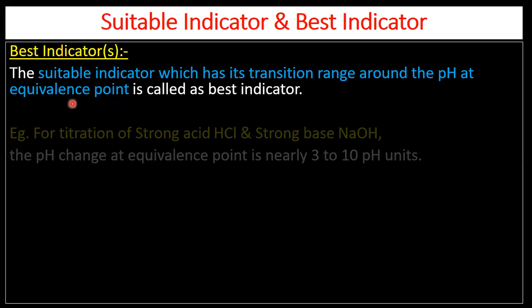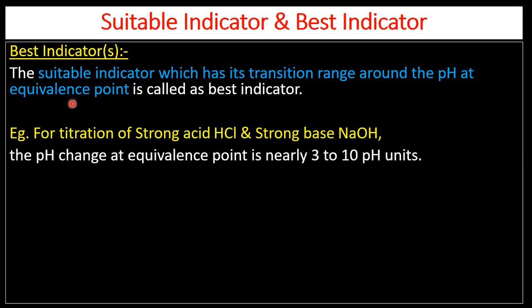फॉर एक्झाम्पल, मग आताच एक्झाम्पल घेऊया. The titration between a strong acid and the strong base NaOH. The pH change at the equivalence point is nearly 3 to 10 pH units. Okay, this is the pH change at the equivalence point, and the pH at the equivalence point for this titration is 7.